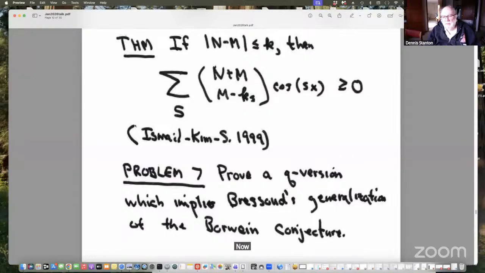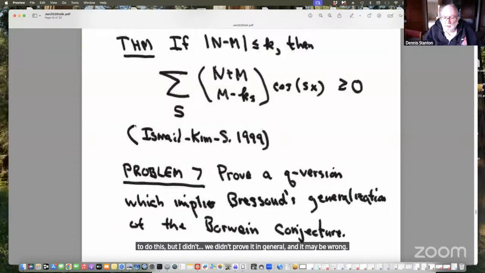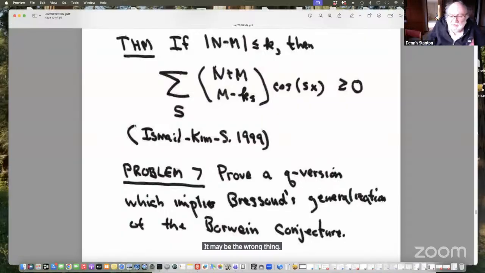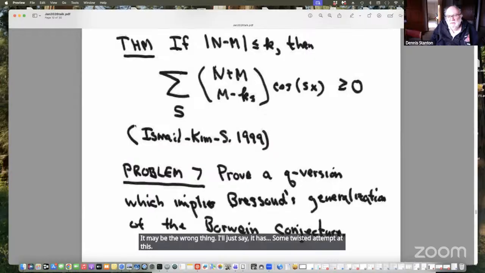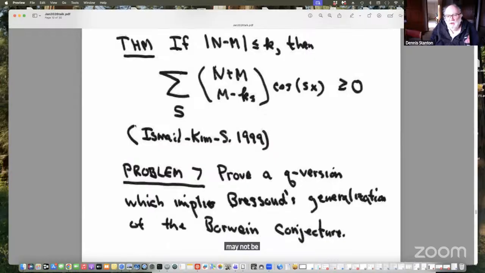Now that paper has something that purports to do this, but we didn't prove it in general, and it may be wrong. It may be the wrong thing. I'll just say it has some twisted attempt at this, which may not be the right one. Maybe if you have better insight, you can do it.